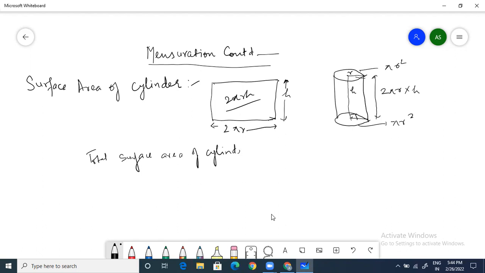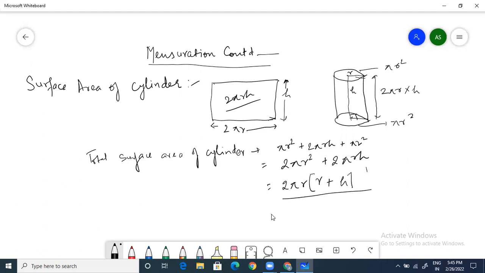So the total surface area of a cylinder is pi r square plus 2 pi r h plus pi r square, which is 2 pi r square plus 2 pi r h. We can take 2 pi r as common, and we can write 2 pi r times r plus h. This is the formula of the surface area of a cylinder.